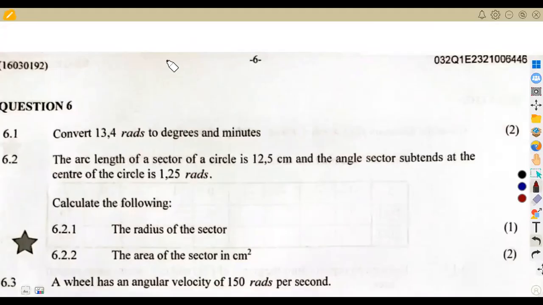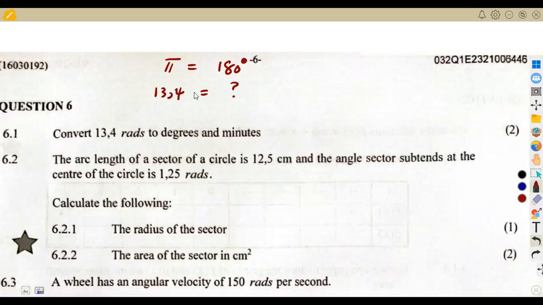All right, so we know that pi radians is equal to 180 degrees, okay? So if we are given 13.4 radians in degrees, it means how many degrees do we have? That is, if pi represents 180 degrees, what about 13.4?